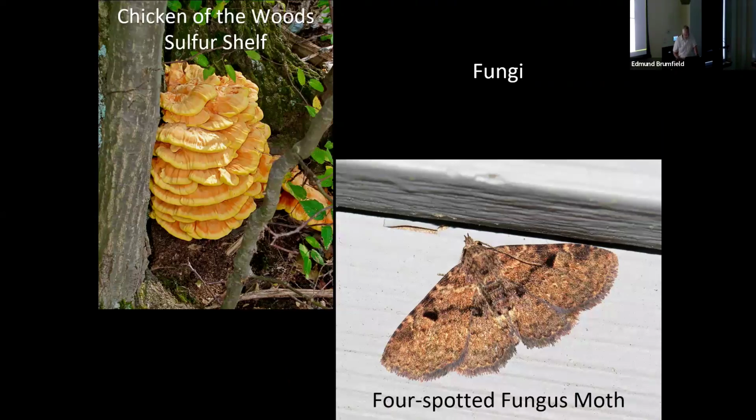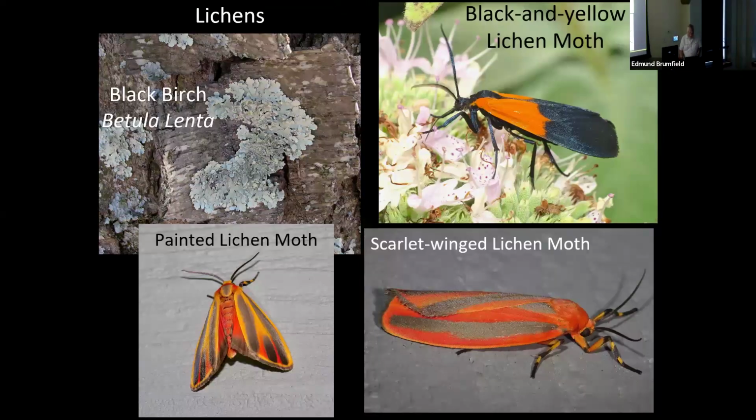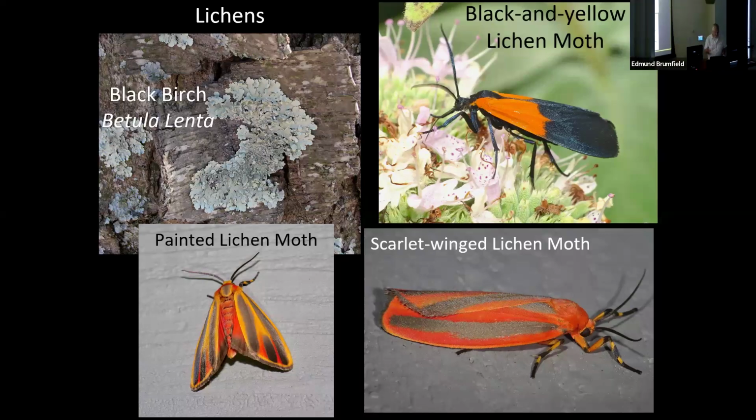And fungi, same thing. Keep the fungi and you'll get the fungus moths. This is a fairly uncommon one in my experience. And even lichens. It's hard to believe that caterpillars can feed on lichens and get any kind of nourishment from it, but they do.